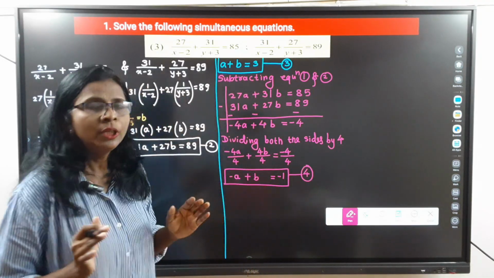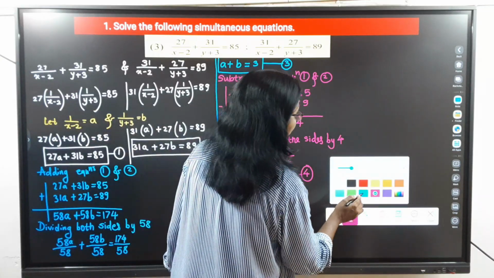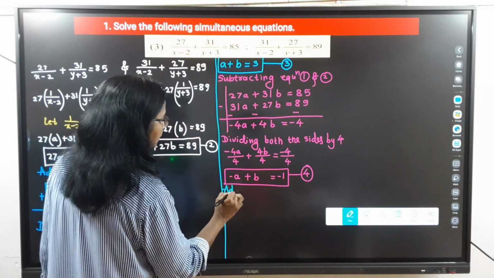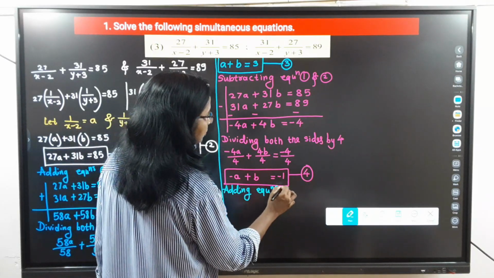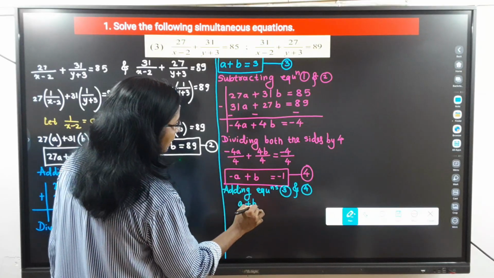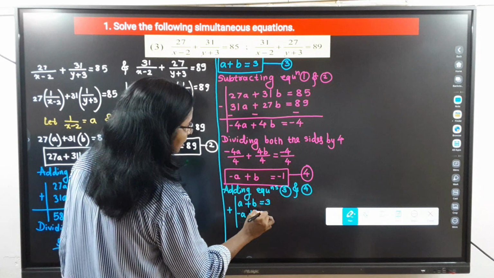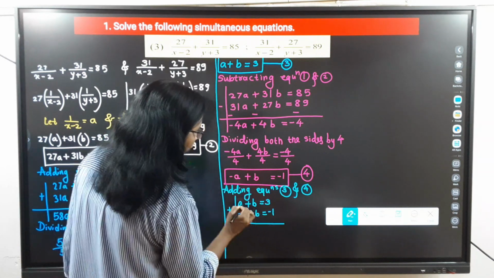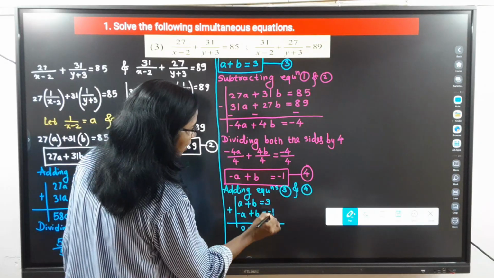Then these new equations, we add the third and fourth equation. Adding equations 3 and 4: a plus b is equal to 3, plus minus a plus b is equal to minus 1. So a minus a is 0, plus b plus b is 2b, is equal to 3 minus 1, which is 2.